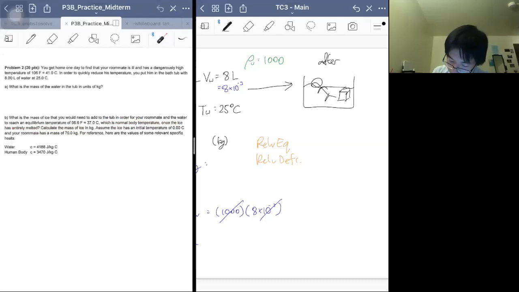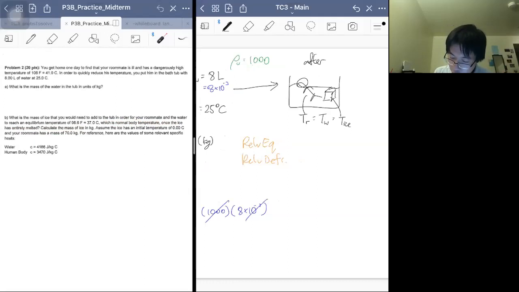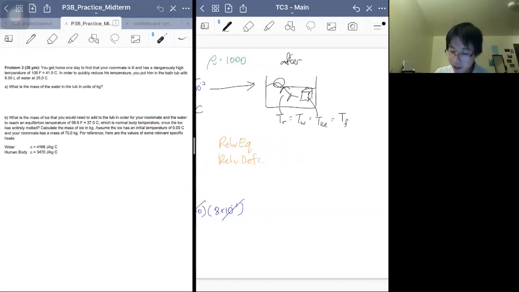Everything at the end, the temperature of the roommate must equal the temperature of the water in the tub, must also equal the new temperature of the ice. Of course, the ice is going to melt first, but because you've added it, that should be accounted for as well. They should all equal T final. They should all come into equilibrium.